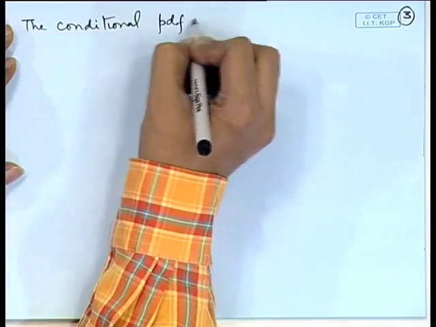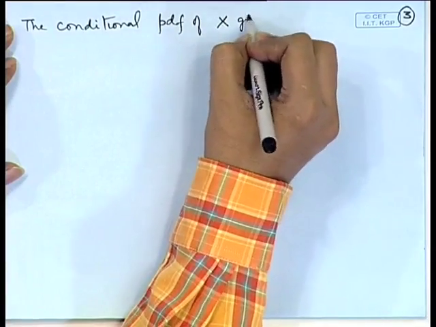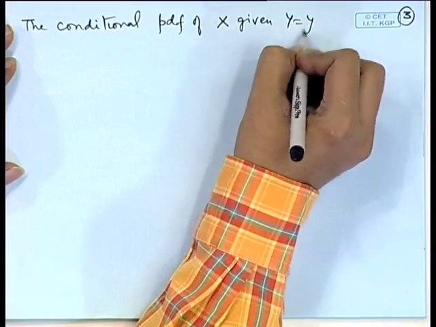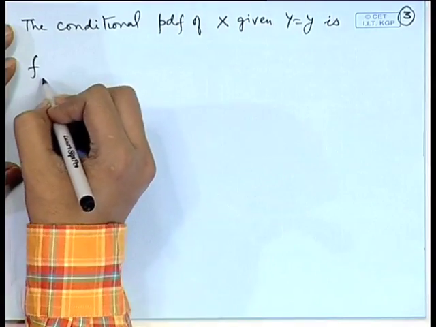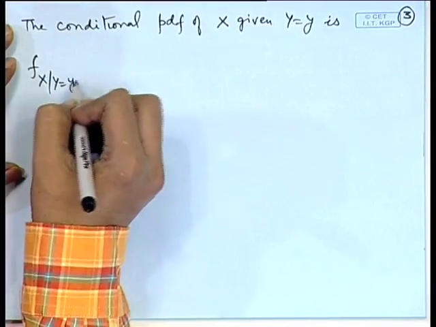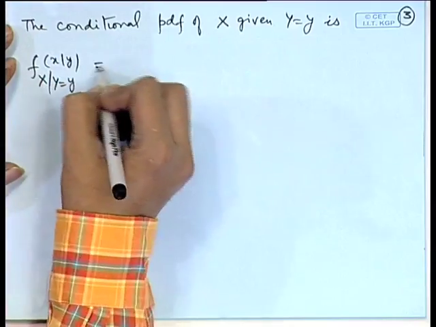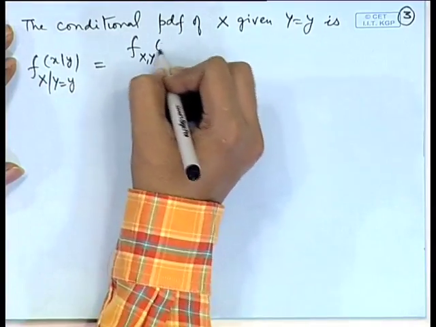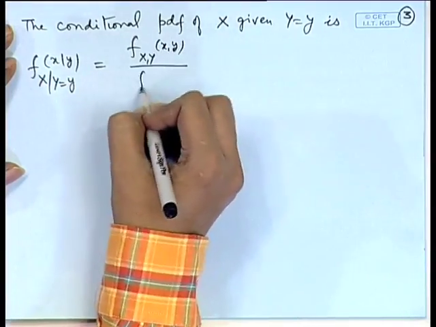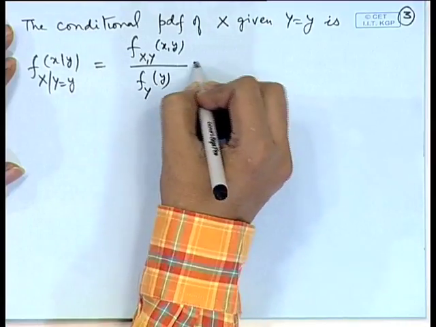So, the conditional probability density function of x given y equal to y is obtained as the joint distribution divided by the marginal distribution of y.